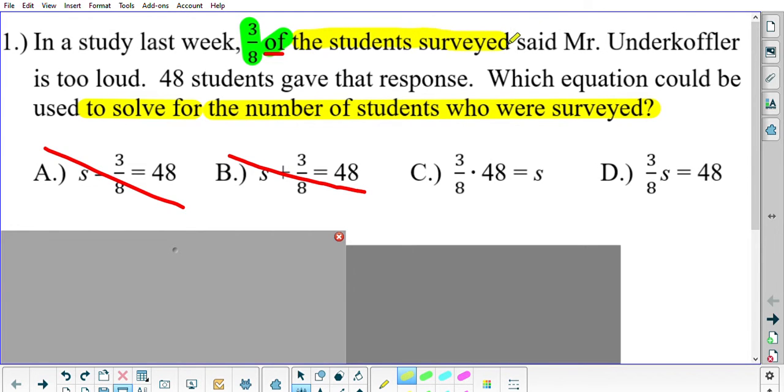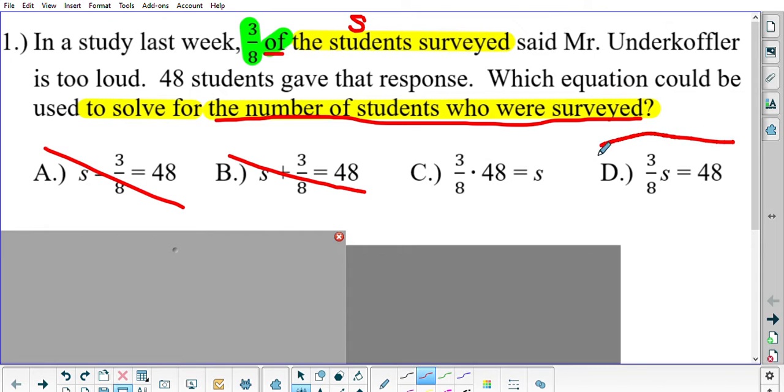Whoa, whoa, whoa. Didn't we already figure out from the last sentence that the number of students who were surveyed is what the S represents? Yes. Well, then 3/8 of the students surveyed means 3/8 of the S. And of means times. So we should have 3/8 times S. Ding, ding, ding.